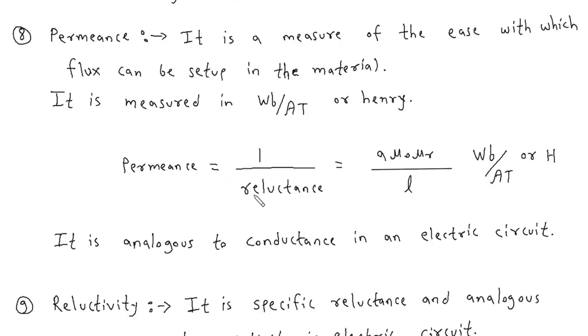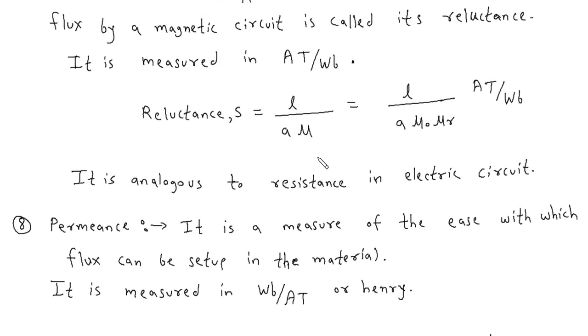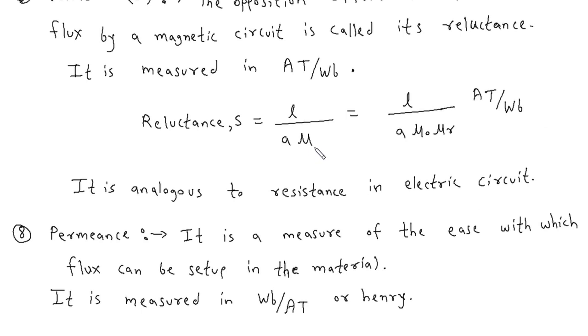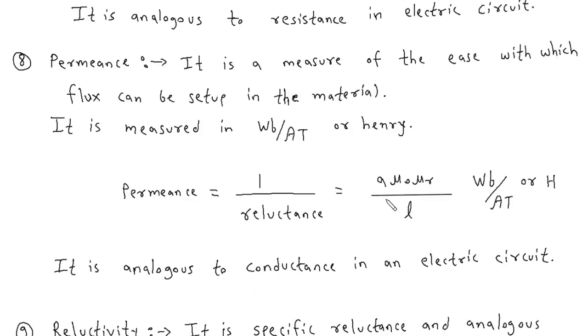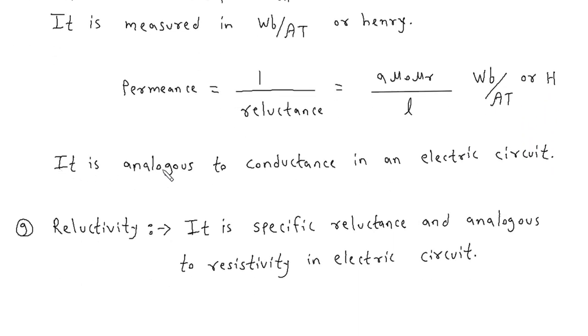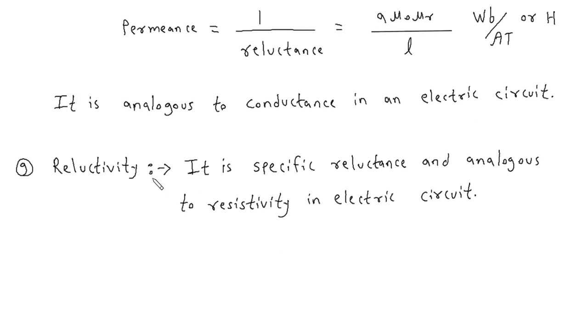Permeance is the reciprocal of reluctance, and we know the formula for reluctance is L upon A into mu. So its reciprocal will be A into mu 0 mu r upon L. Unit will be Weber per ampere turn or Henry. It is analogous to conductance in an electric circuit. Next is reluctivity. It is a specific reluctance and analogous to resistivity in electric circuit.